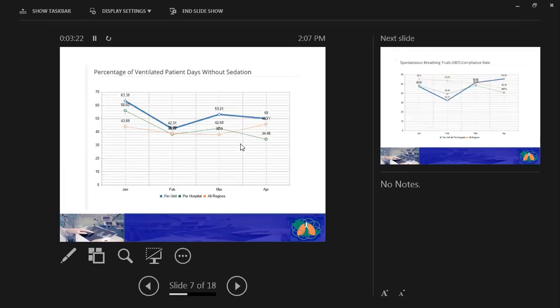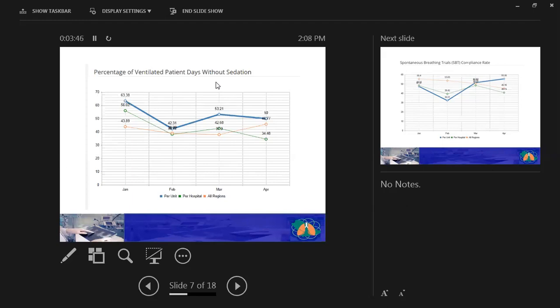This next slide, again, if you access your website, you're going to see this information if you enter data, obviously. It shows the percentage of patient days without sedation, and we're going to talk about this more. Traditionally, people believed that everybody in the ICU should be on a sedation infusion. We are changing this concept.